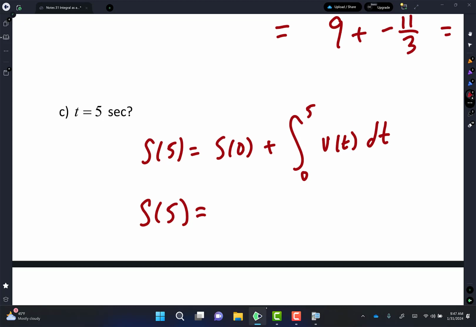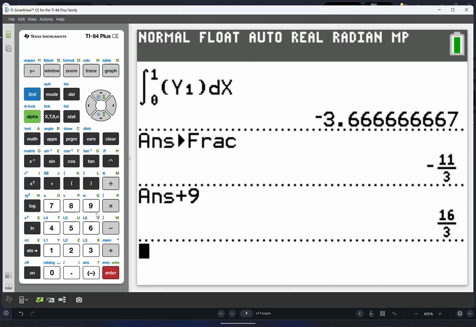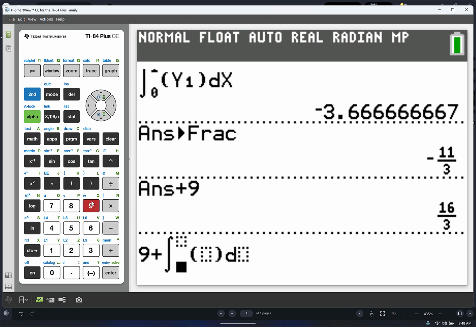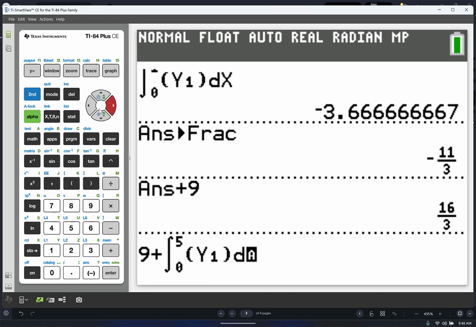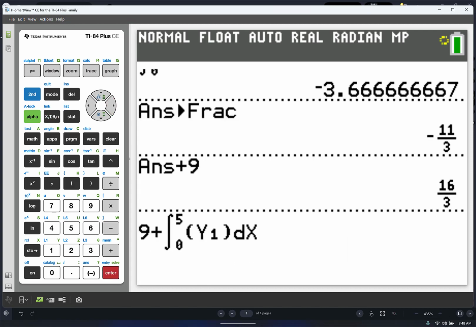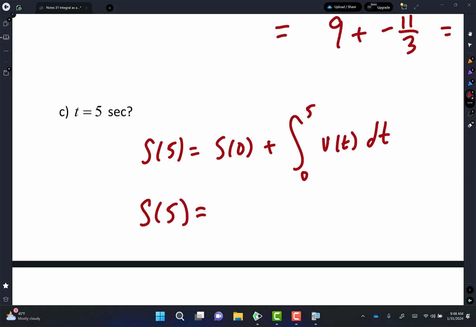I know that S of 0 is 9, so I'm going to go 9 plus math, number 9 again, 0 all the way to what value? 5. And then I'm going to push alpha trace y1, that's where I have my velocity, and push x, enter. And look, I get a nice pretty number.